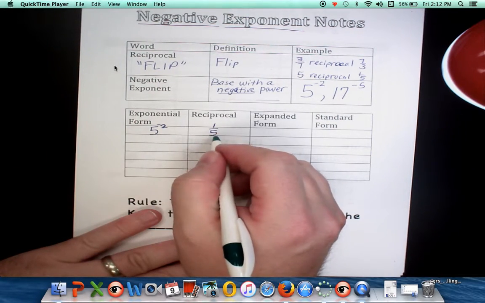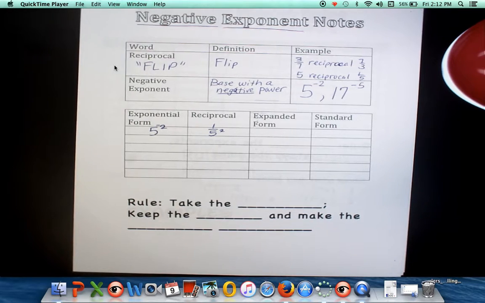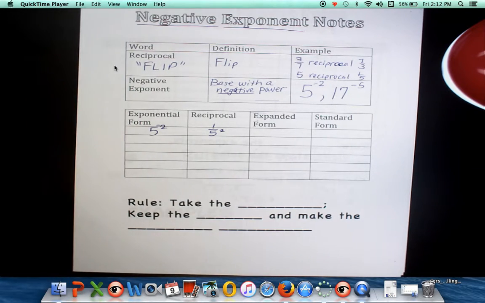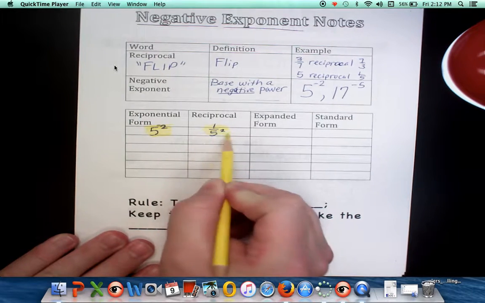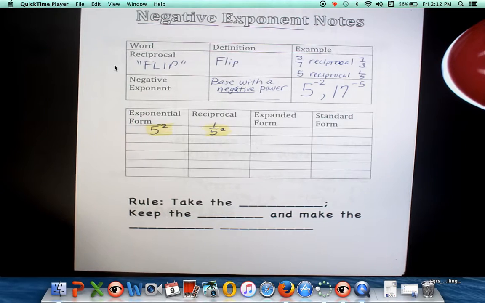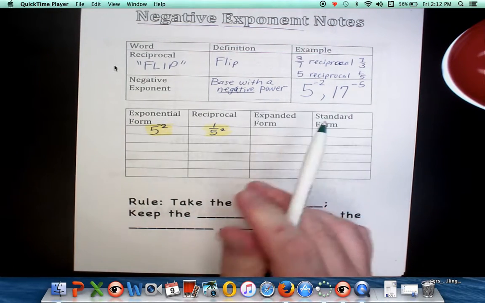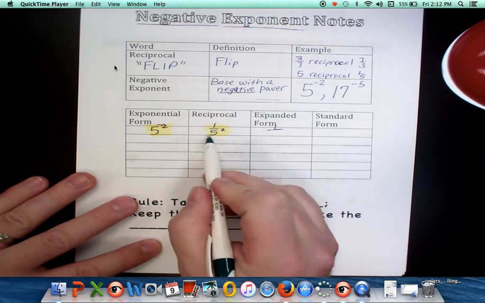The exponent now becomes positive. Whenever he flips over, he changes signs. So now it's just 1 over 5 to the second power. And these two things right here are equal. They are the same. So they are two different ways that you can write it. So now I can expand it out by stretching it out. And what I've got is 1 over 5 to the second power.